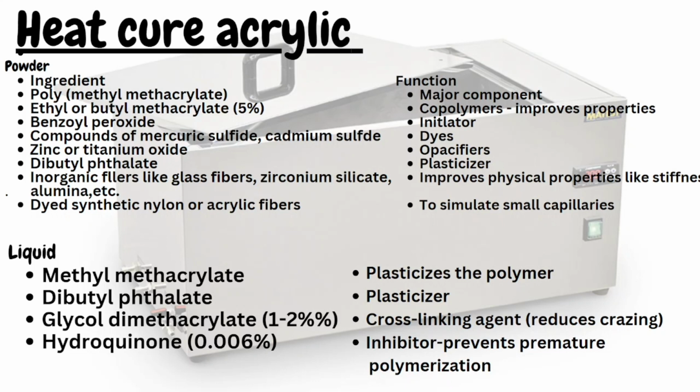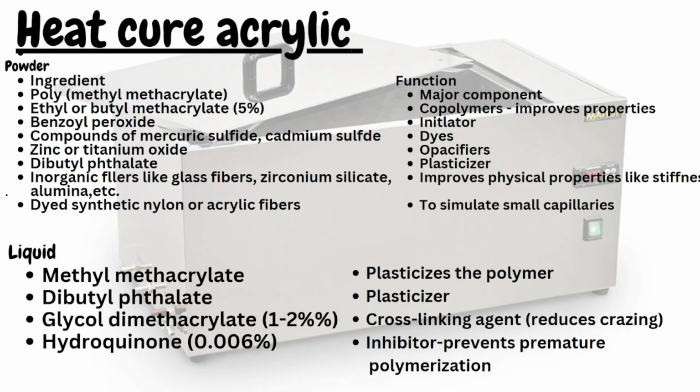Liquid consists of methyl methacrylate, that is the monomer unit of the heat cured acrylic. So it plasticizes the polymer. Dibutyl phthalate, it acts as the plasticizer again. In the powder, it was also acting as the plasticizer and it is also present in the liquid. Then glycol dimethyl acrylate. This acts as the cross-linking agent. That is very important.